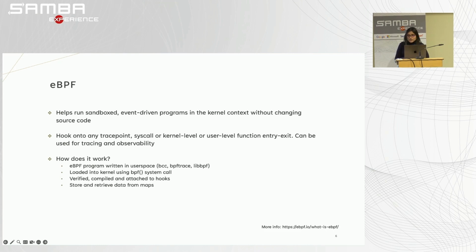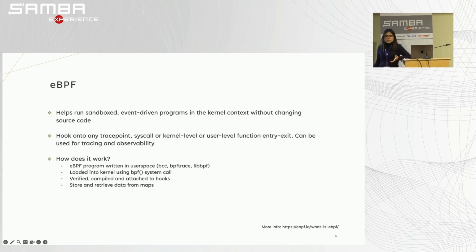Now, the kernel expects the eBPF programs to be loaded into it as bytecode. So how does it actually work? You write the eBPF program in user space using tools like BCC or bpftrace or libbpf. These are then loaded into the kernel. The bytecode is loaded into the kernel using the BPF system call. And after this, the eBPF verifier basically verifies the loaded code.